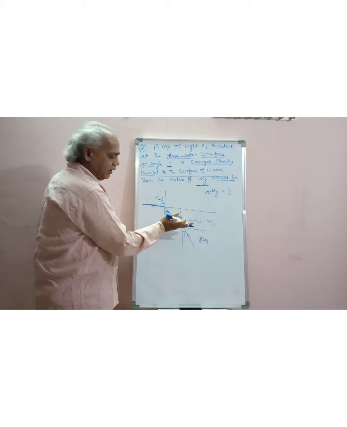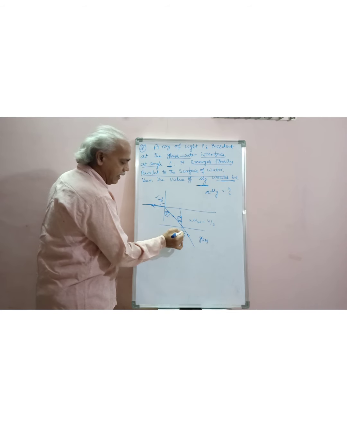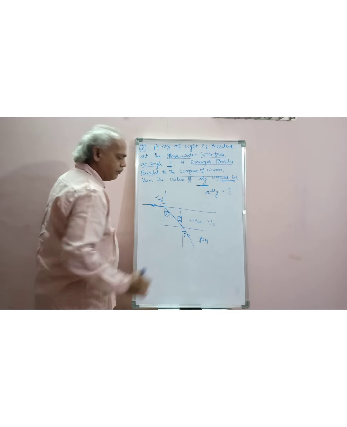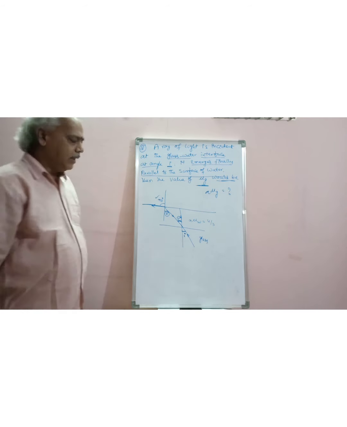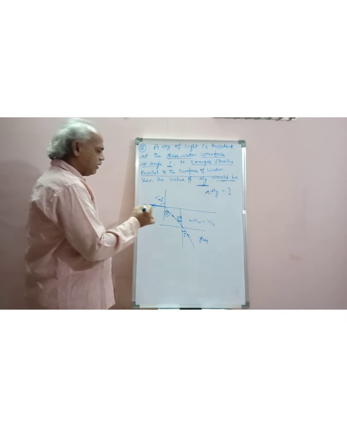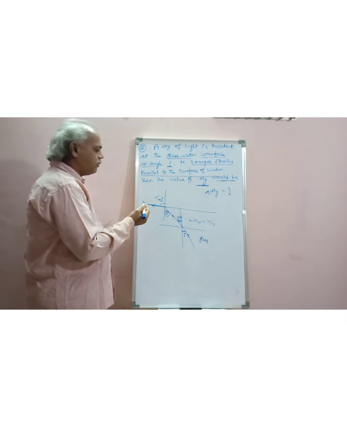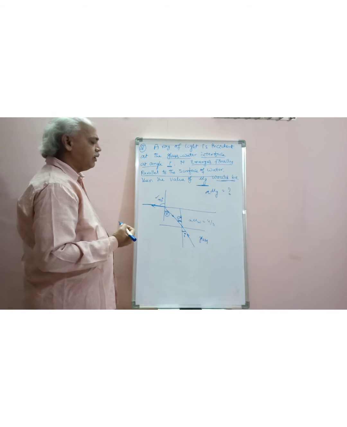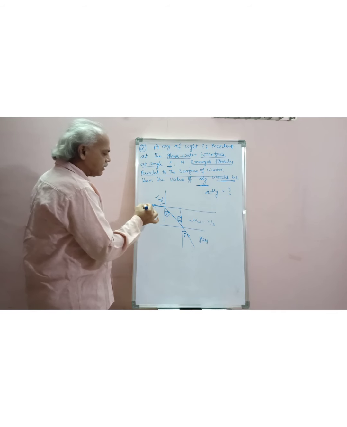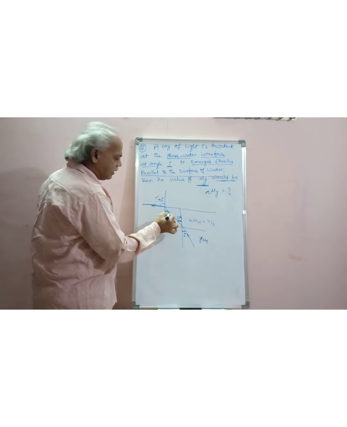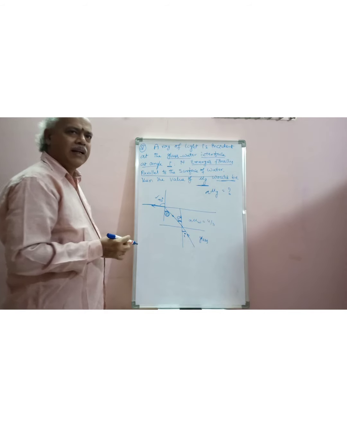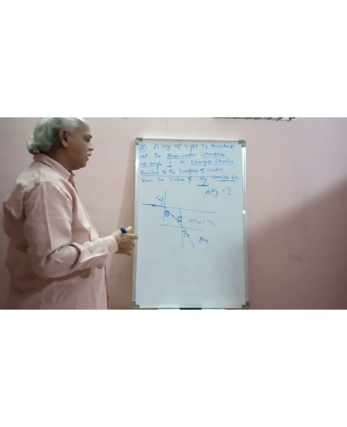Then it refracts into the glass with an angle i. It is given. So we are considering the ray grazing, that means according to the principle of reversibility, it is a critical angle. This angle of refraction is nothing but the critical angle according to the definition of critical angle.